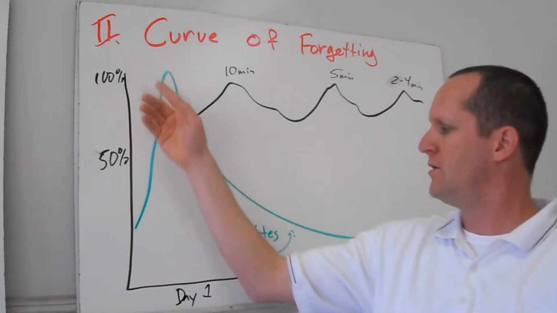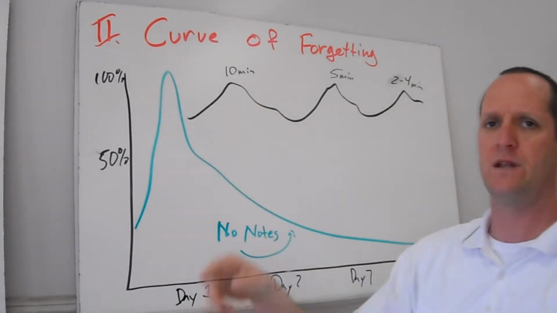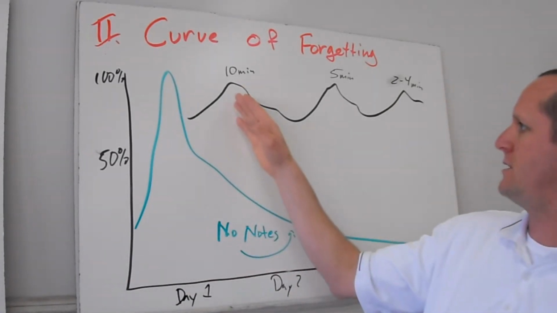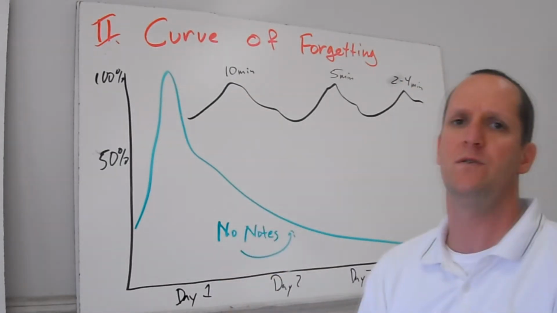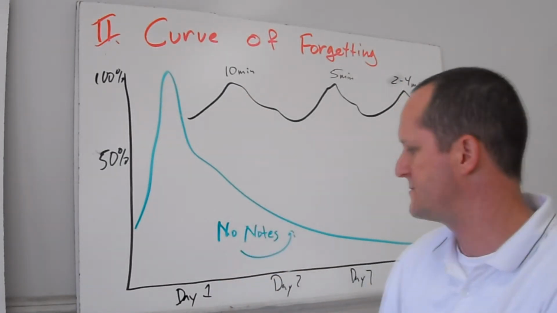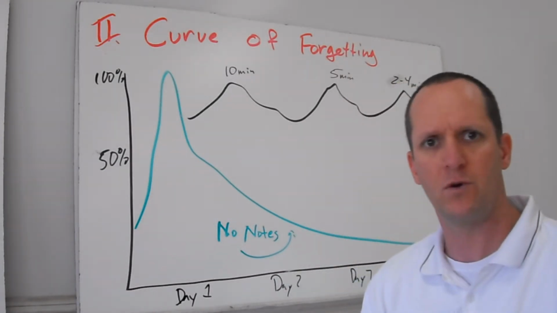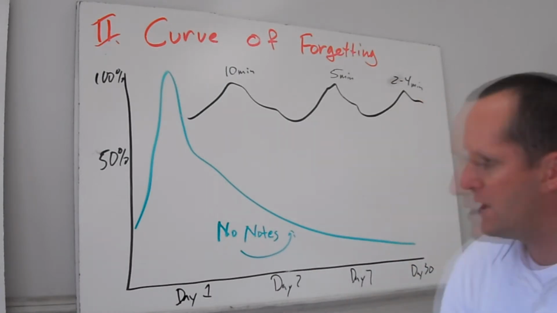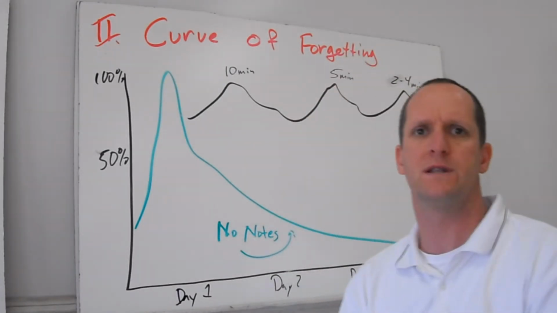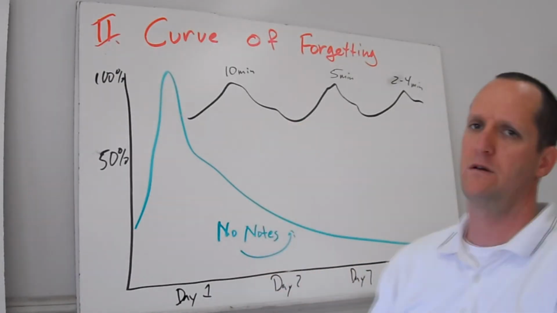But with Cornell Notes, if on day 2 you take 10 minutes to review your notes, it's going to help you retain some stuff. Day 7, take 5 minutes, just look over your notes, review them, go back through, and then by day 30, take 2 or 4 minutes to review your notes, and you're going to retain a lot more.